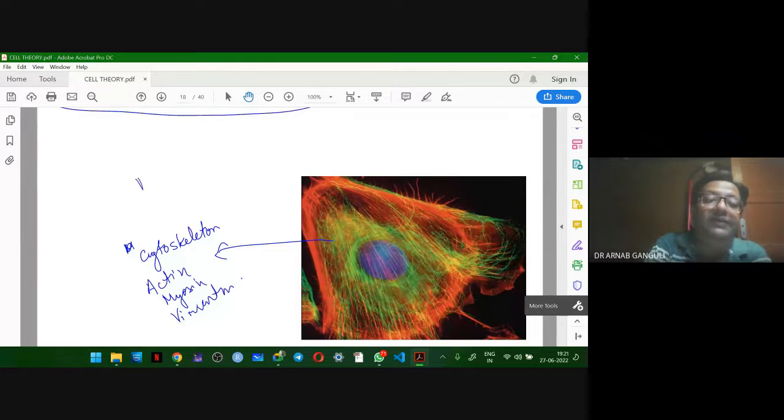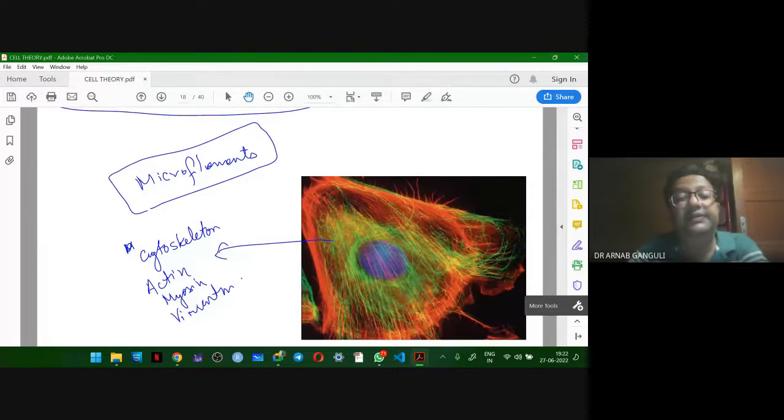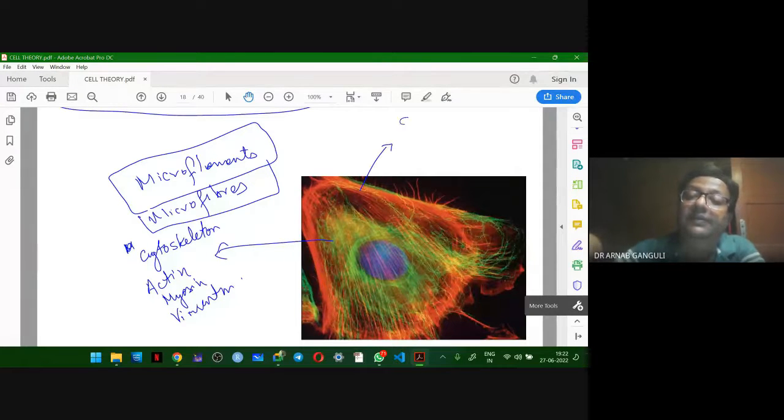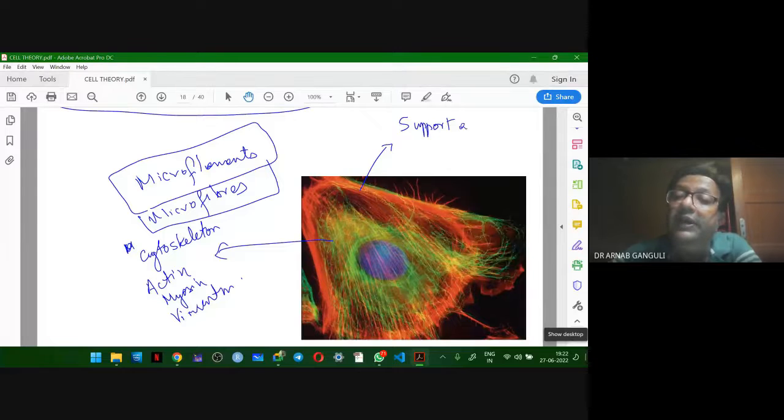So you have microfilaments, you have a lot of nanofilaments, you have microfibers, etc. They give support and structure to the cell.